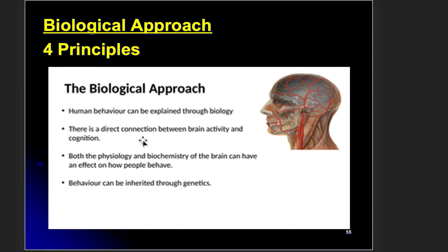They can explain human behavior with the use of the sociological approach. The biologists can also do that using biological principles. So that's the point. According to them, human behavior can be explained through biology.